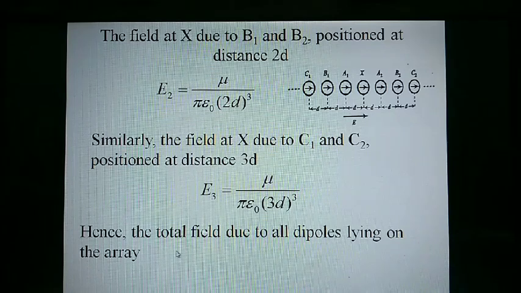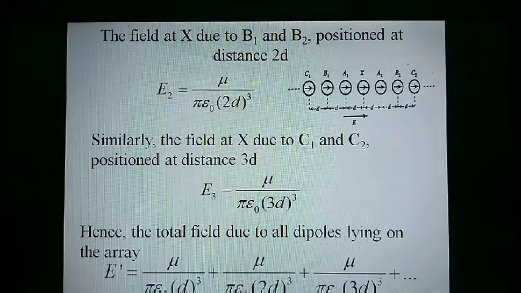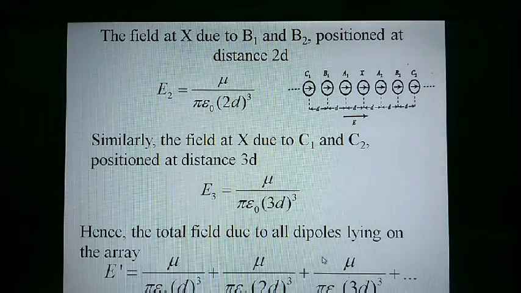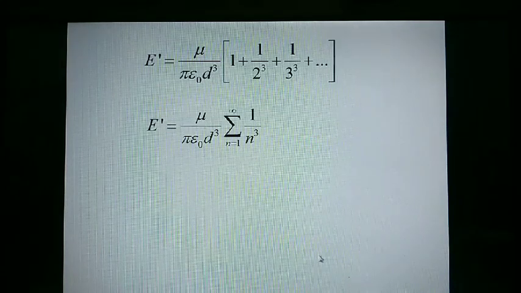Hence, the total field due to all dipoles lying on the array must be the sum of the fields due to all individual dipoles. If there are n dipoles, you can have n number of terms here. If there are infinite atom dipoles, then infinite number.